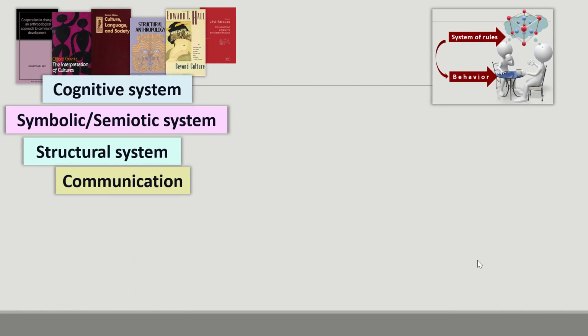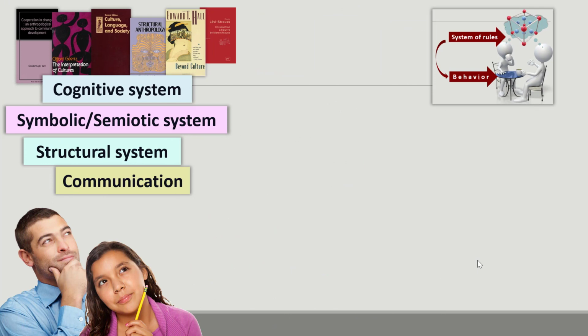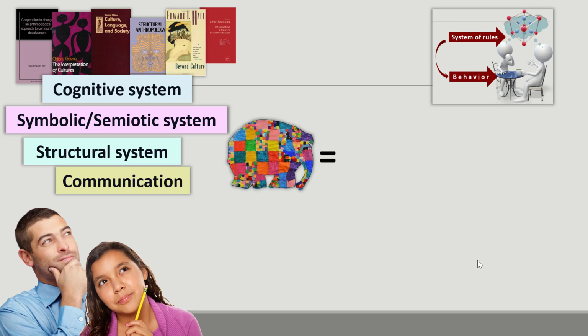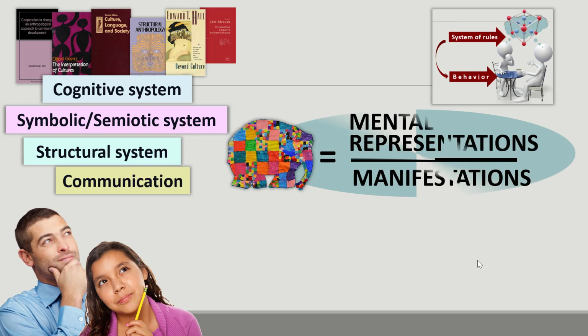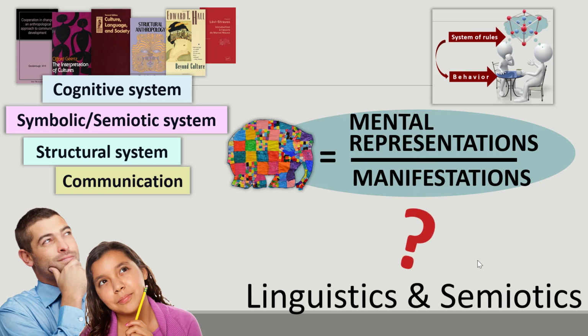As professionals familiar with languages and their structure, we, second language teachers, cannot help but notice that the way in which contemporary anthropologists describe culture as a symbolic system of communication based on an association between mental representations and their physical manifestations is very similar to how contemporary linguists describe languages.